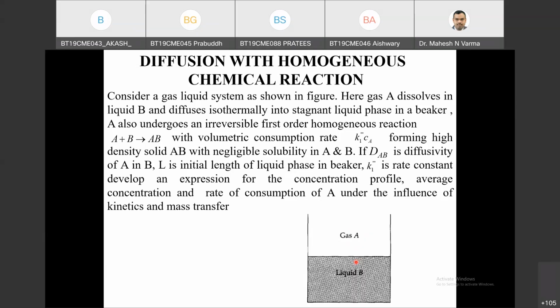But at the liquid gas interface, how to get the concentration of gas in the liquid phase? Are you getting the difference? Why is your answer wrong? P saturated divided by RT. Yes, sir. So what will be the correct thing? I want, at the liquid gas interface, the concentration of gas in the liquid phase.